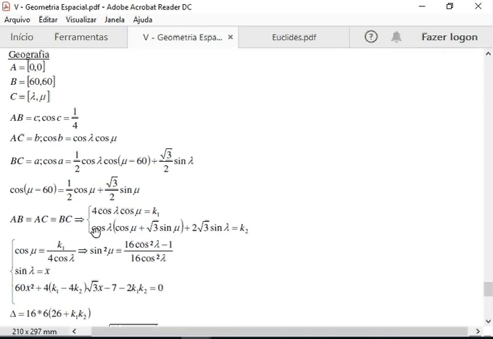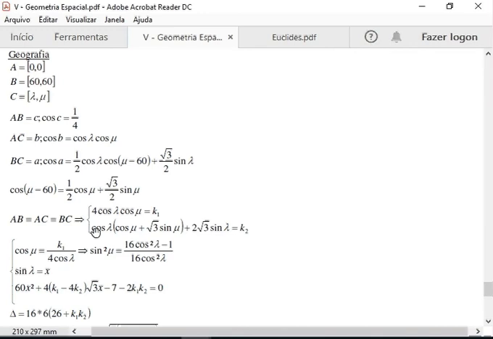The point B is latitude 60 degrees, longitude 60 degrees, and the point C is on the Earth, at any radius, the same radius, latitude lambda, longitude mu, and they are equidistant.